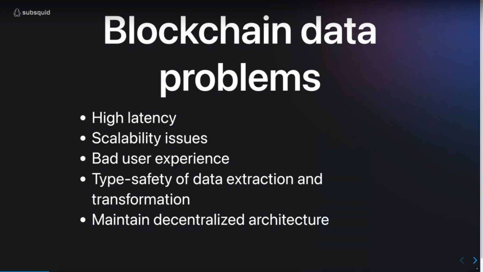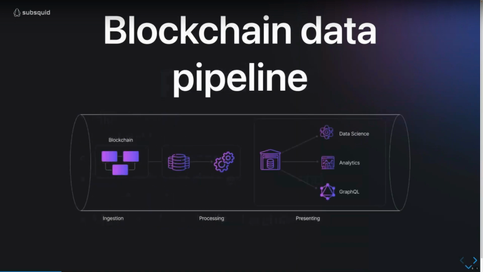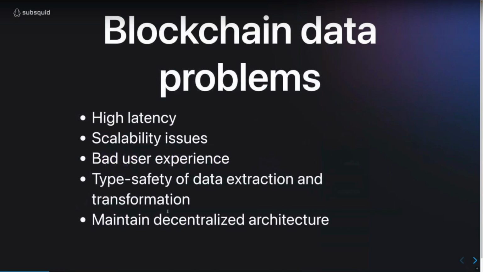That's why we have scalability issues as well. The user experience is bad, and there are also issues in terms of bugs that you can create when you read directly from the blockchain, because you often don't know the type of the data you extract, or it can change. But I want to highlight here, we want to maintain the decentralization of everything. This is very important for blockchain developers.